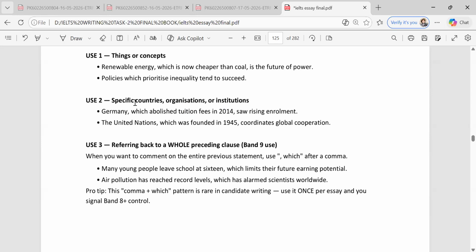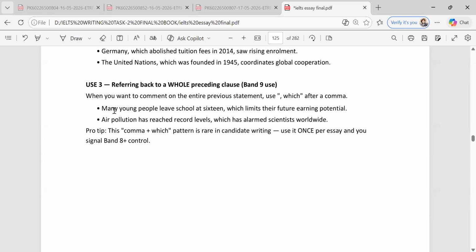So this is how we have used a non-defining relative pronoun. Then we have another one, the United Nations, which was founded in 1945. Don't you think it's additional information we have added? It coordinates global cooperation. The third one, we also use it referring back to a whole preceding clause, for band nine use.